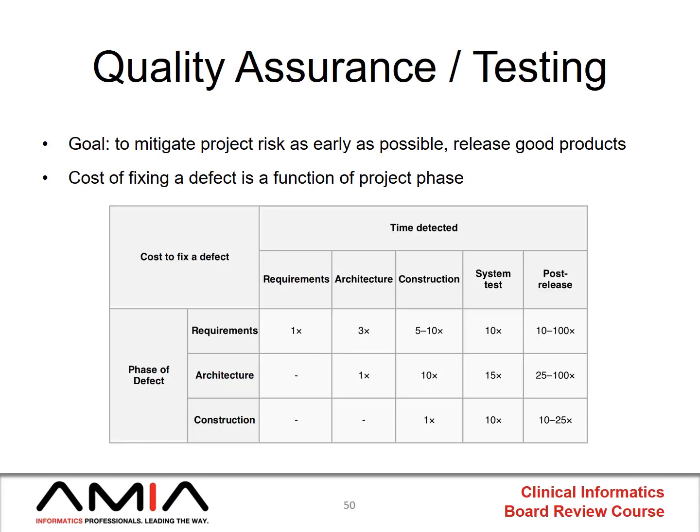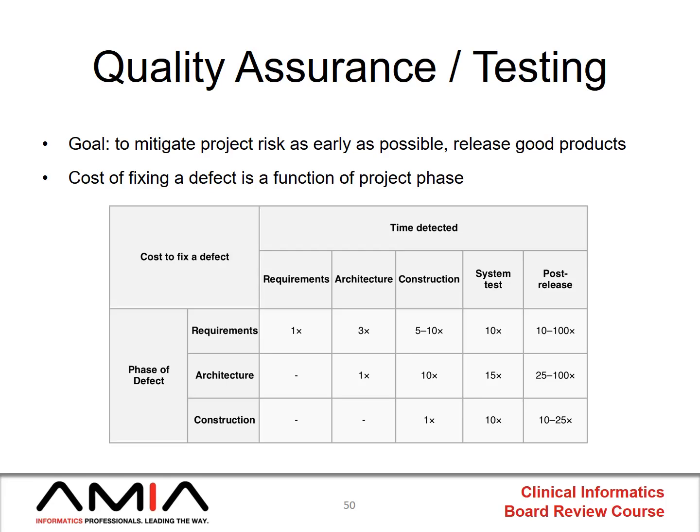Let's talk about quality assurance and testing. You will recall that when we were talking about SDLC, we mentioned a number of times this notion that identifying defects early on is advantageous. And this is meant to represent just how advantageous it is.